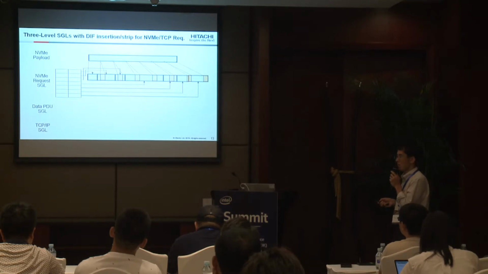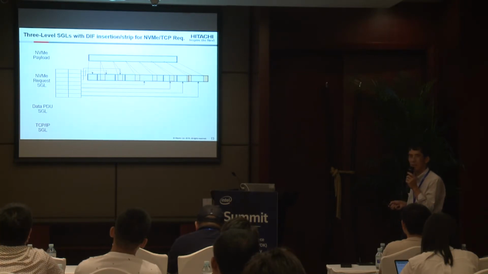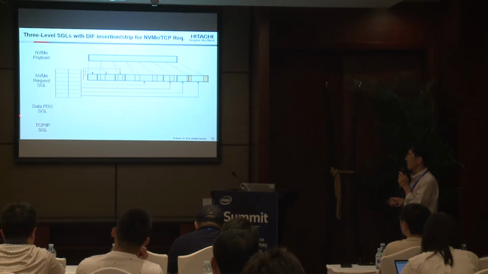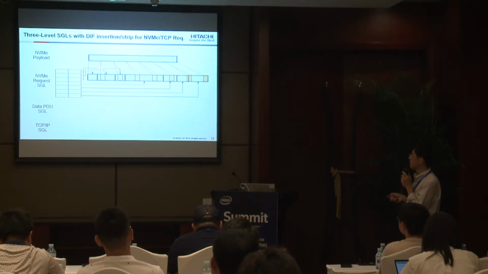So when the TCP/IP stack reads data, it leaves DIF space in each data block, and on the other hand, the TCP stack removes DIF space from each data block when writing data to the initiator. But we have to leave DIF space in all 3 levels of scatter list.